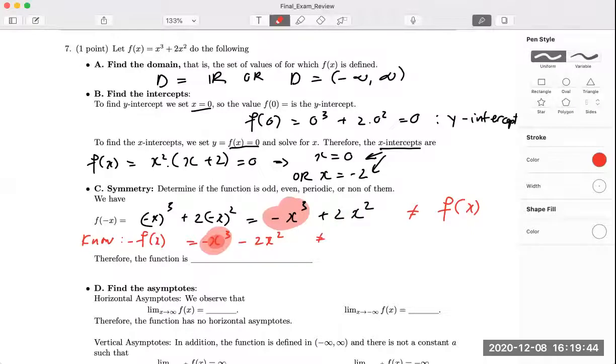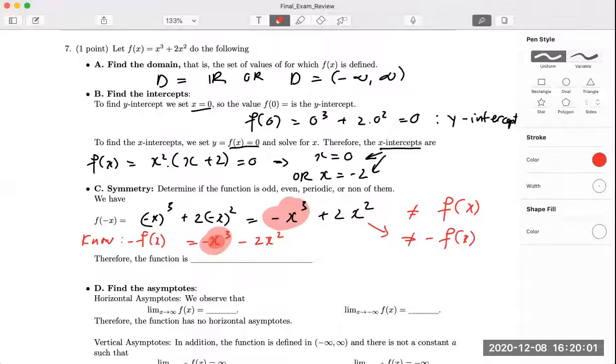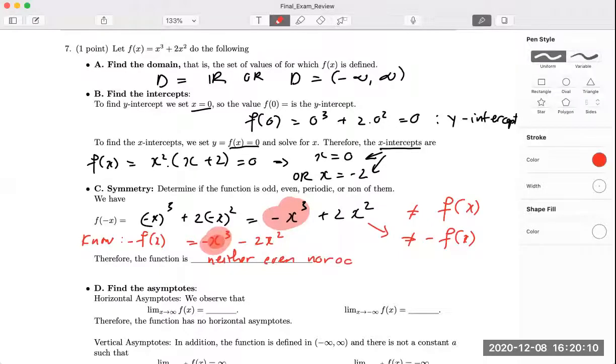Therefore, this is not negative f of x. It is neither f of x nor negative f of x. Therefore, the function is neither even nor odd. It means that it is not symmetric with respect to the origin or with respect to the y-axis.